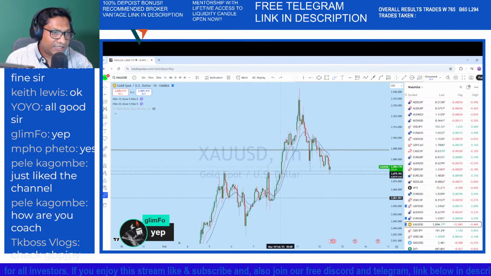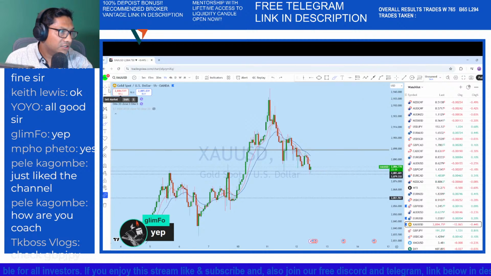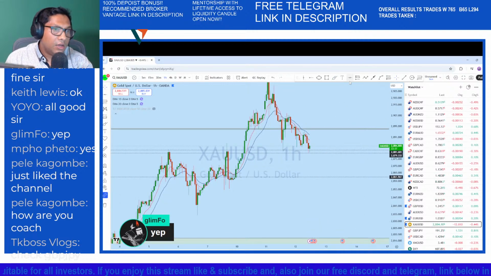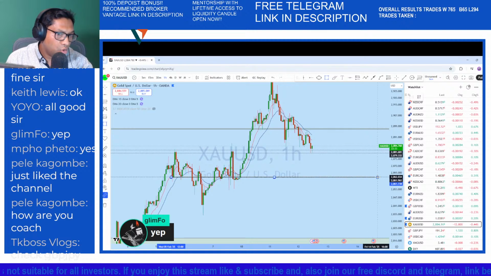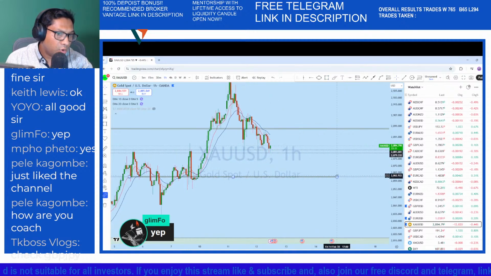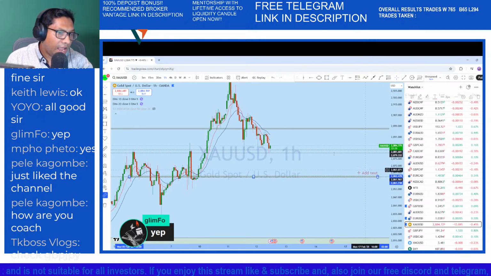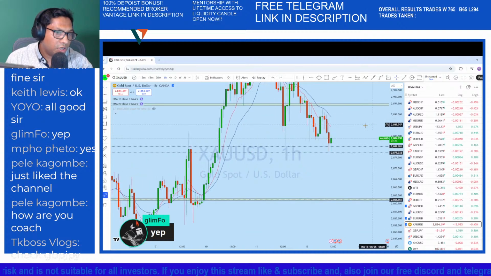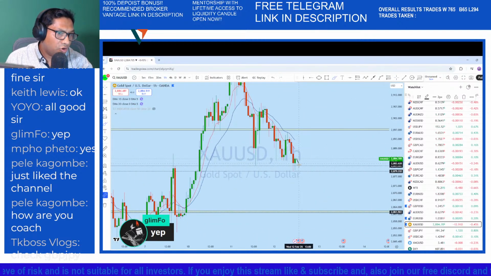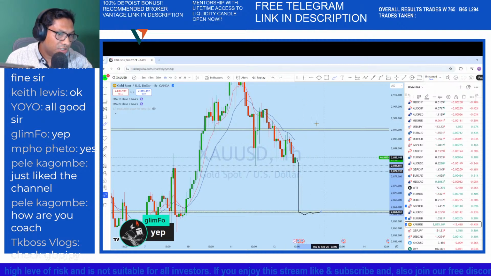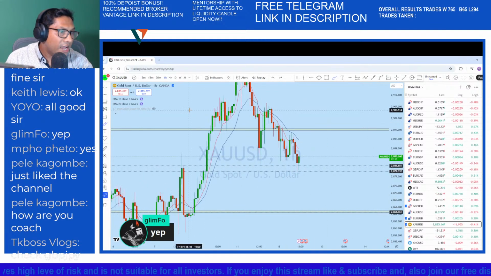Now as this is a structure formation, I think the market could potentially drop to that support level, and with that support on XAUUSD, I'm expecting the market to trend to this support level here, which is a crucial level to look at.